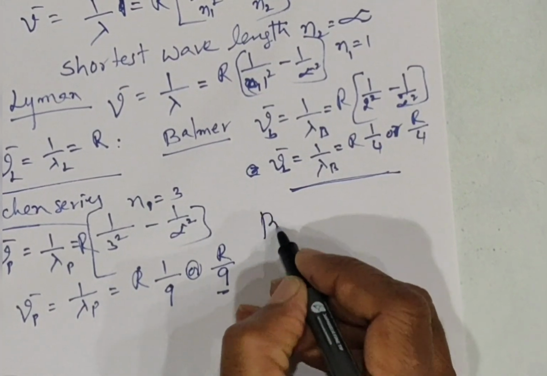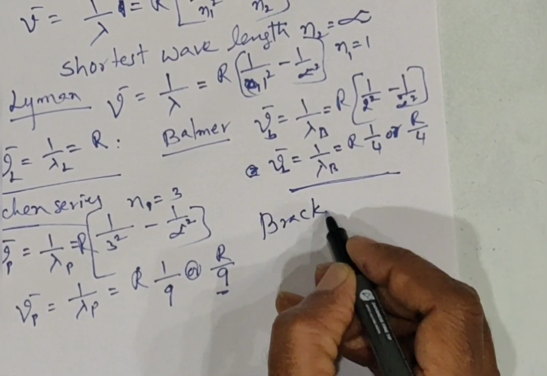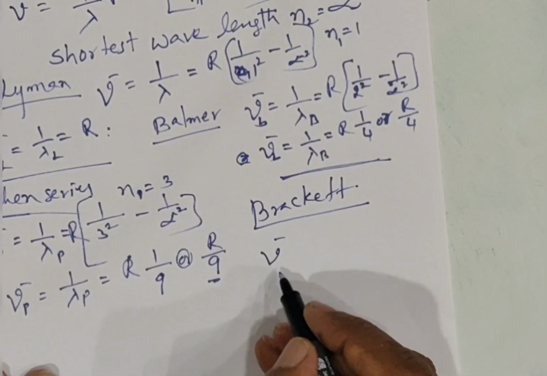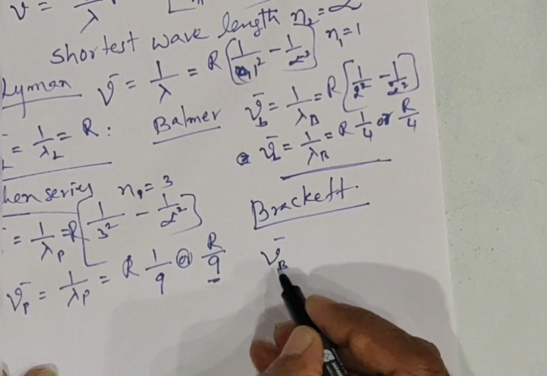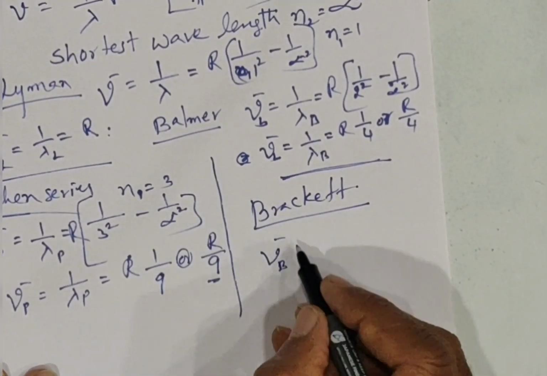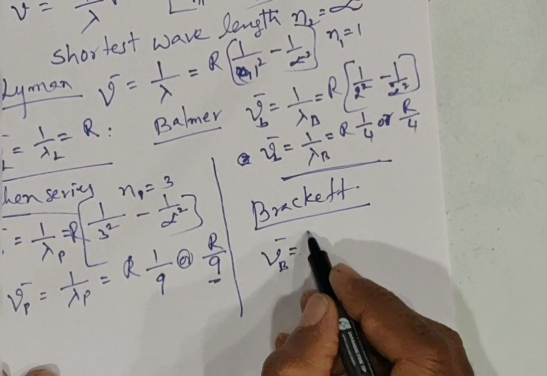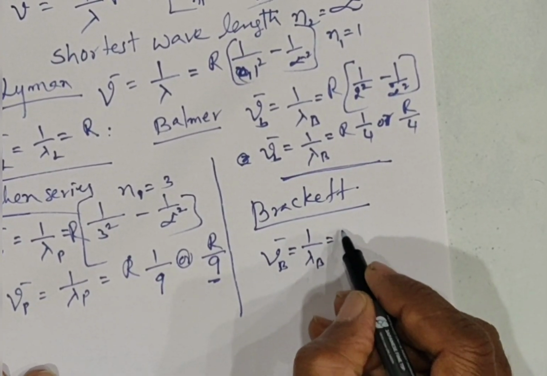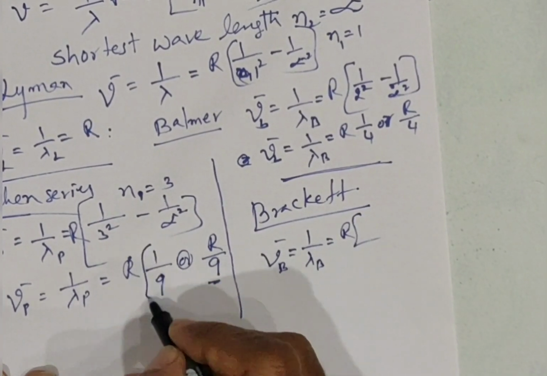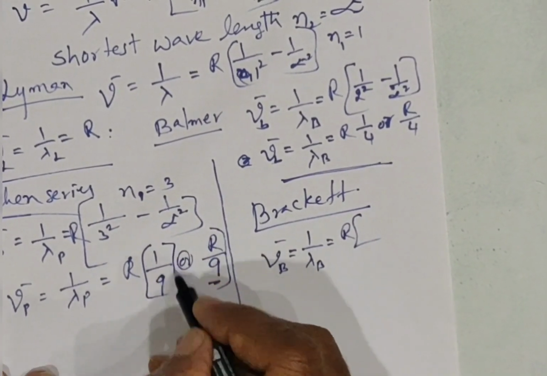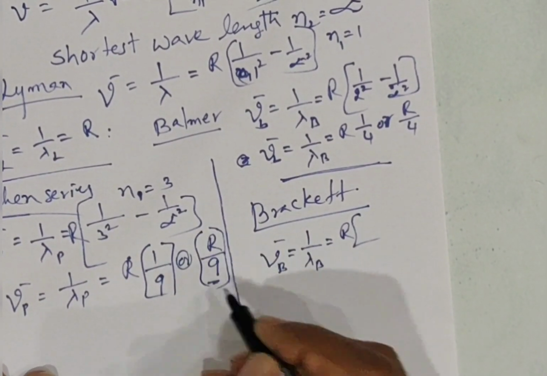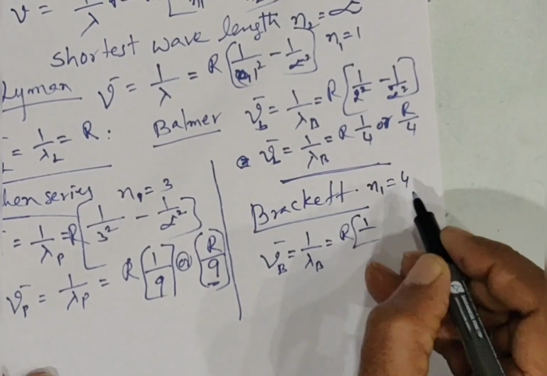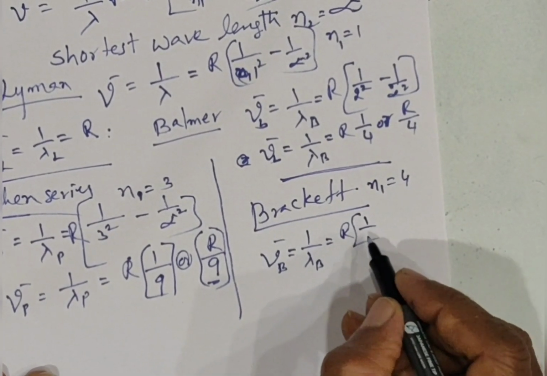Next Brackett. In Brackett series, nu bar Brackett is equal to 1 by lambda Brackett is equal to R into 1 by 4 square minus 1 by infinity square. Brackett series means n1 is equal to 4, n2 is equal to infinity in all cases.